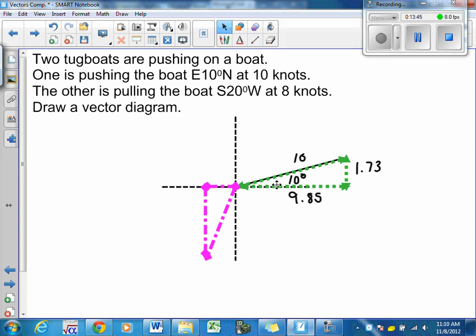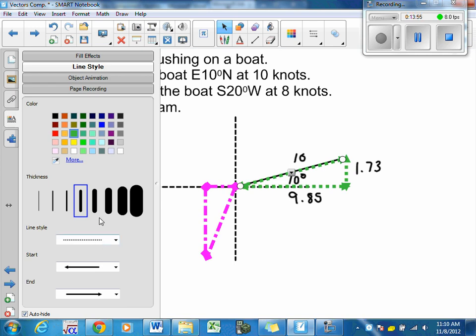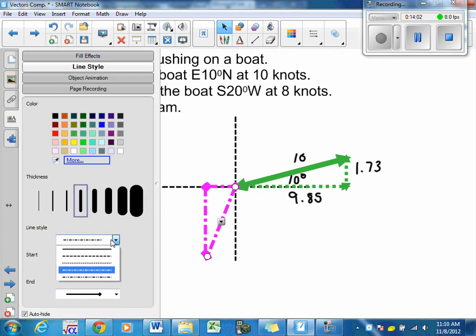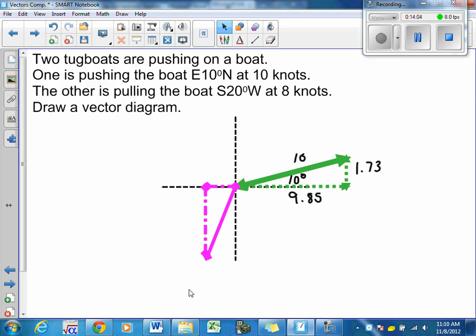And let me change these a little bit. So we can see our original sides. Over here, this angle was 20. So I need this angle here, which is 70 and 8.